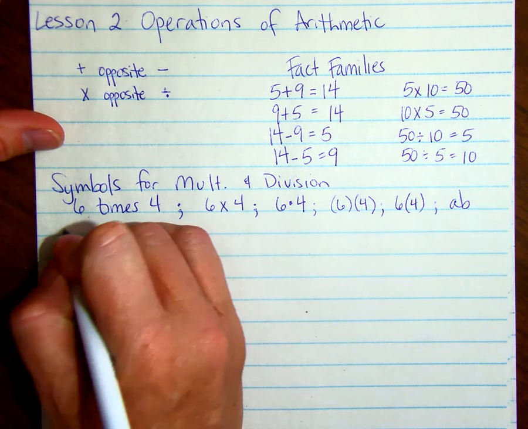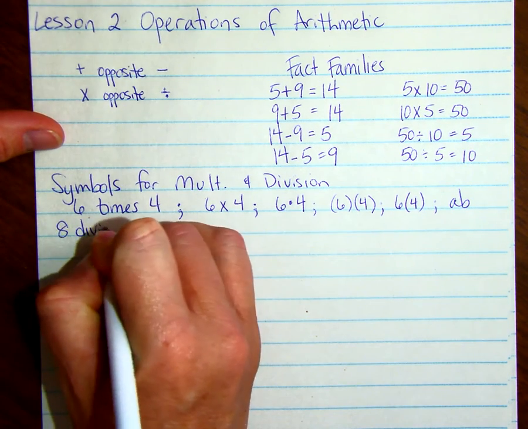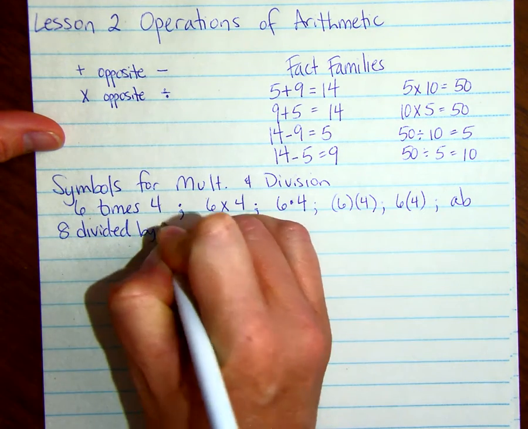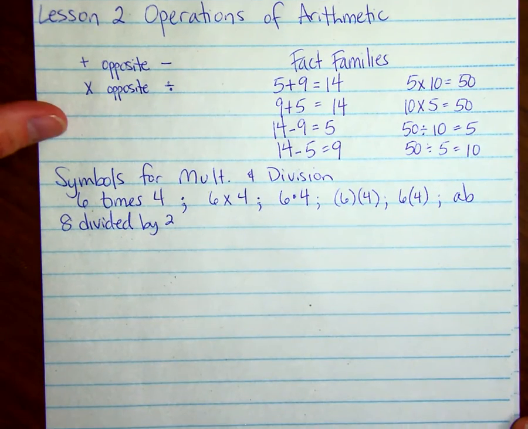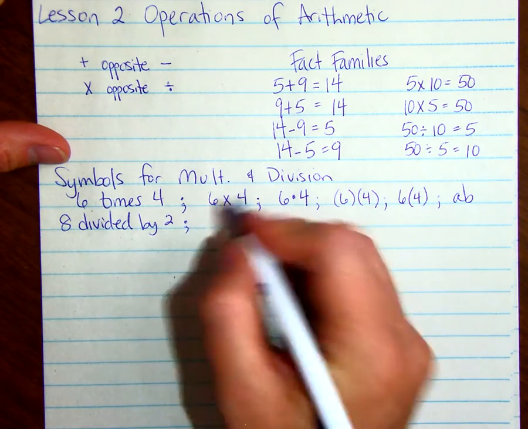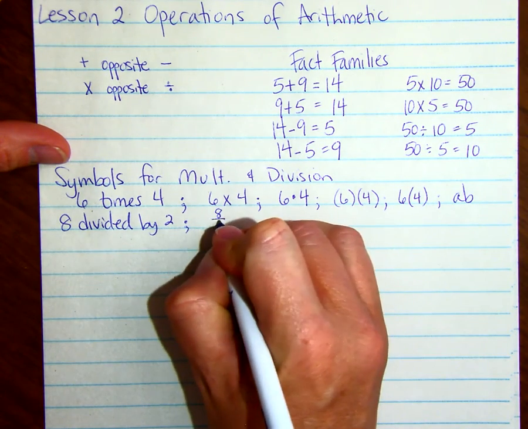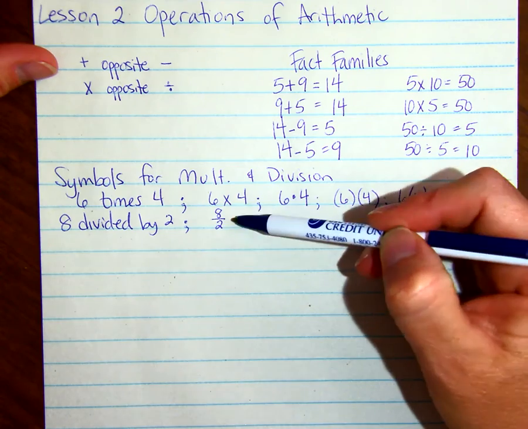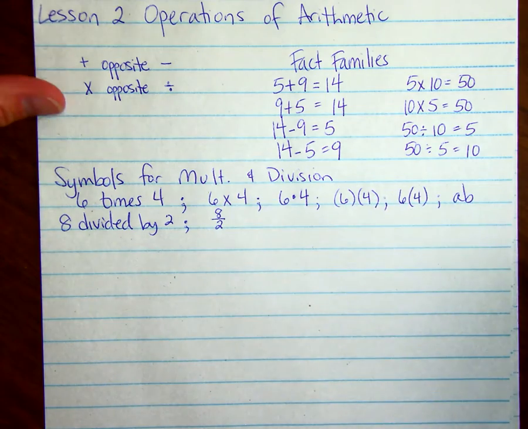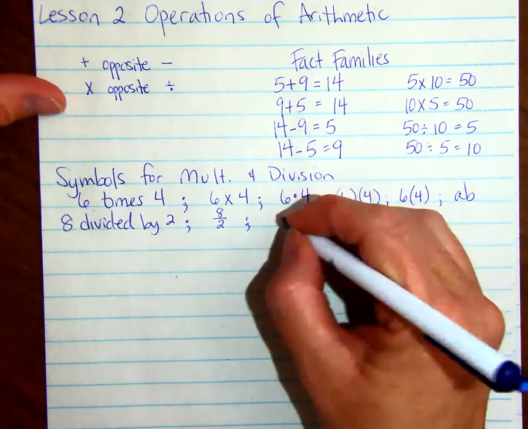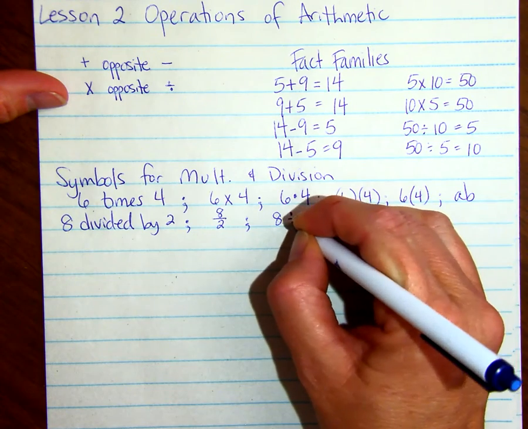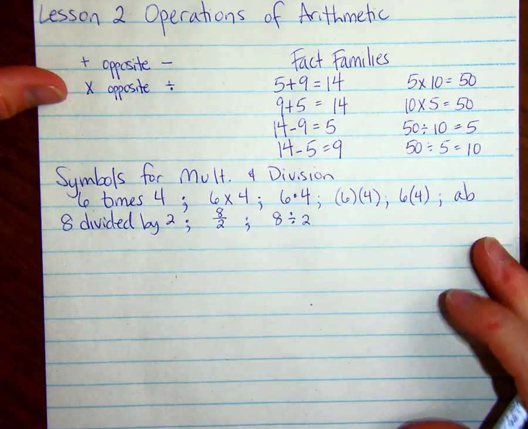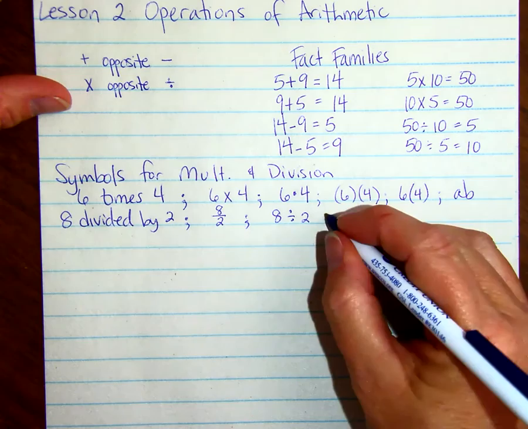For divided by, say we had 8 divided by 2. We can use the words divided by. We can use a fraction, 8 over 2. So when you see a fraction, you read the numerator first and then say divided by and then the denominator. We can use the divided by symbol, or we can use the box that we divide.